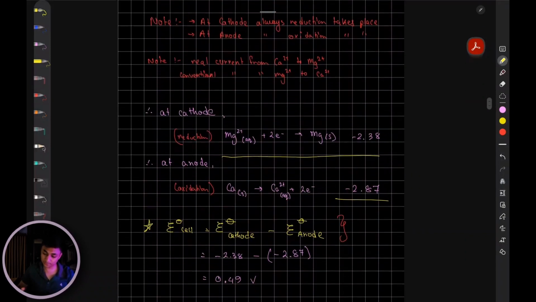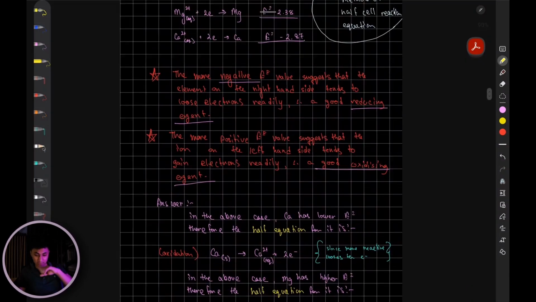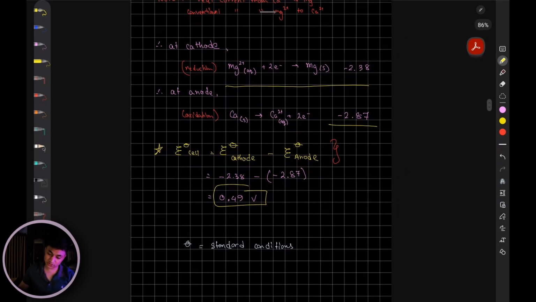So electrode potential of cathode minus electrode potential of anode is going to give you minus 2.38 plus 2.87, and that is going to give you a net electrochemical cell potential of 0.49 volts. Therefore, if you connect these two half cells together, the voltage measured by the voltmeter is going to be 0.49 volts, right?